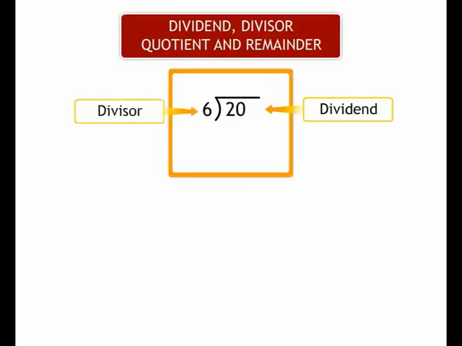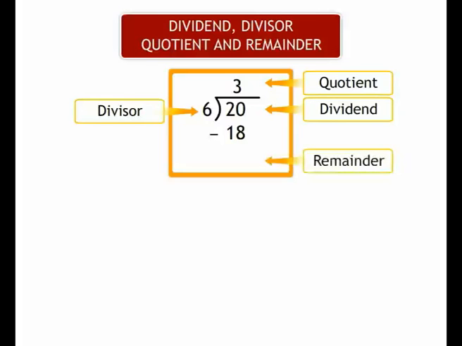As 6, the divisor, when multiplied by 3 gives us 18, which is the nearest smaller number to the dividend, that is 20, the number 3 becomes the quotient. And when we subtract the product of the divisor, 6, and the quotient, 3, from the dividend, 20, we get the remainder, that is 2.